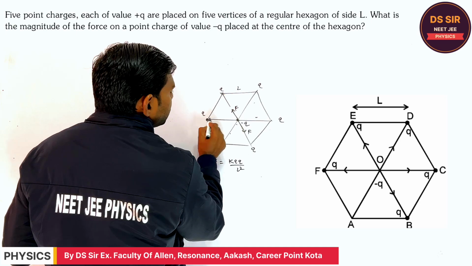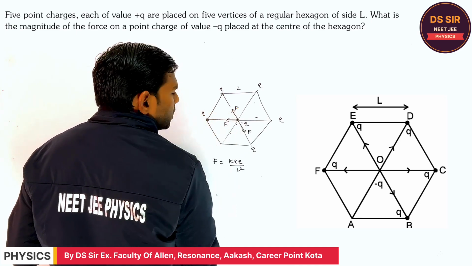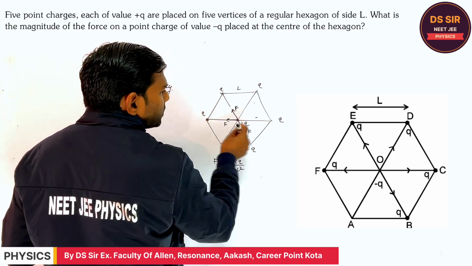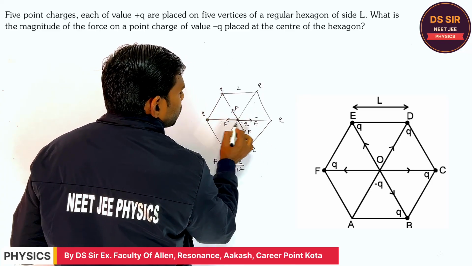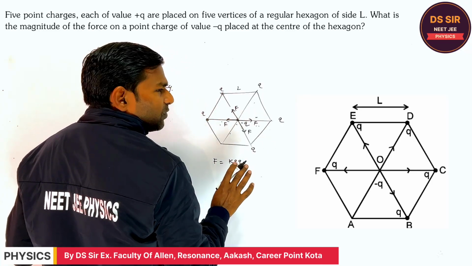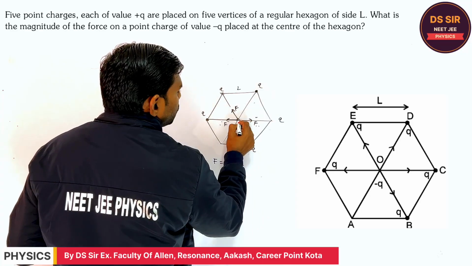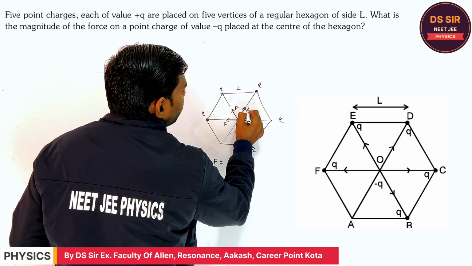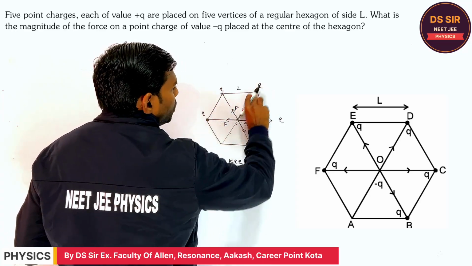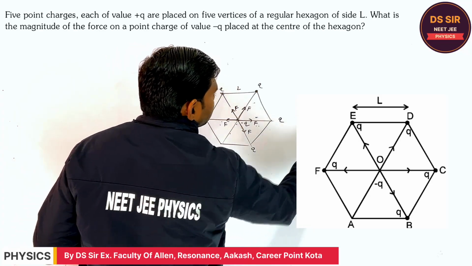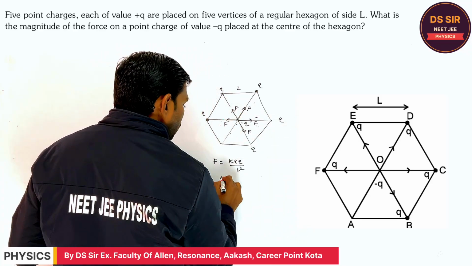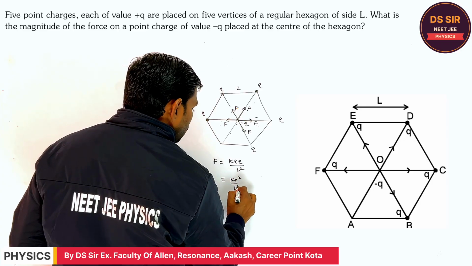In the same way, this is q and minus q, the force is attracted by this charge, and the force is attracted by this charge, so these two forces also will cancel, fine. Only this charge q will apply the force F in this direction. So if you consider this the minus q, the force F is only k q square upon L square.